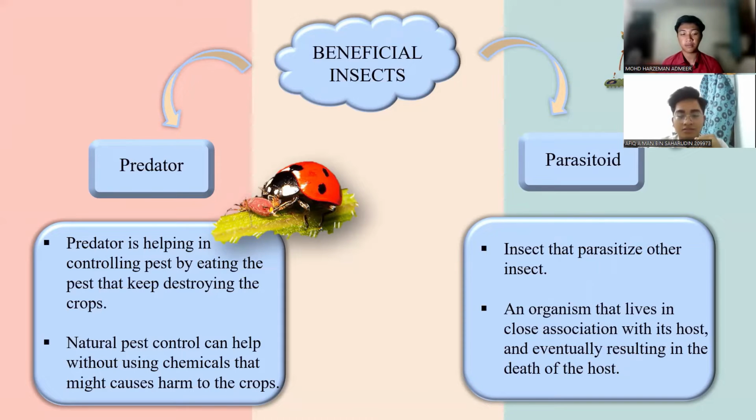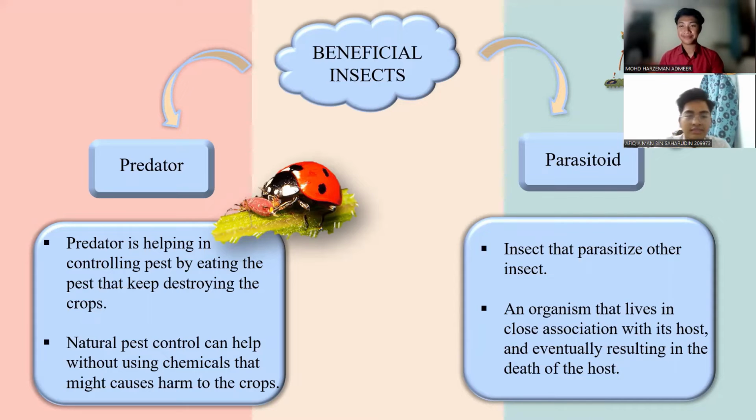Next, about parasitoids. A parasitoid is an insect that parasitizes other insects. It basically lives in the host insect. It is an organism that lives in close association with its host, and eventually it results in the death of the host.